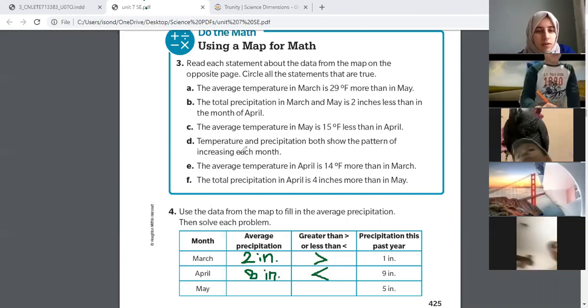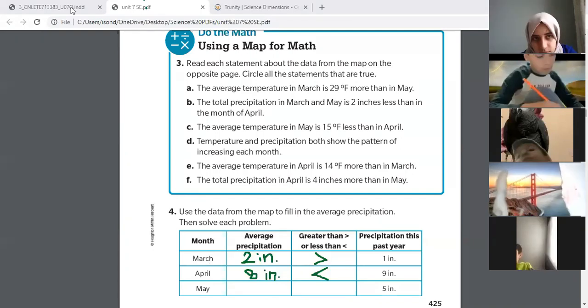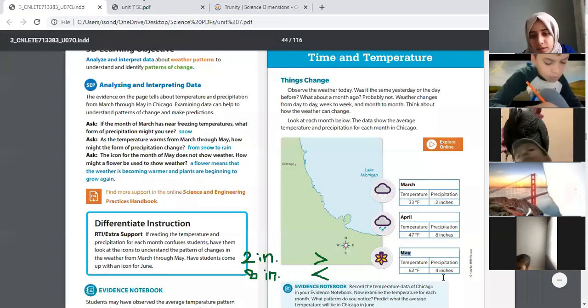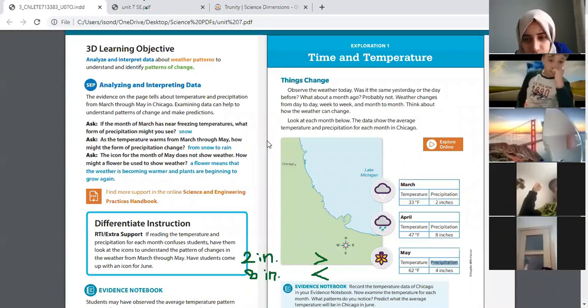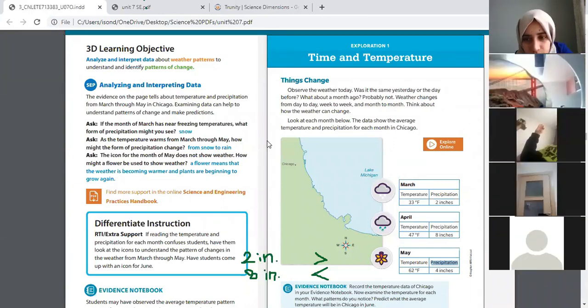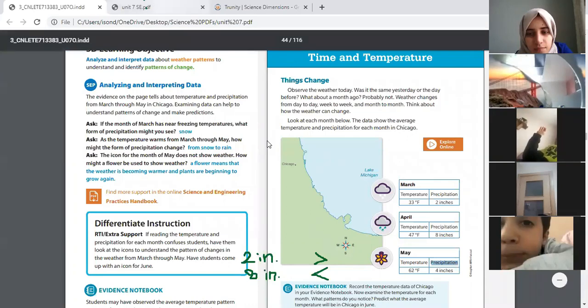Is your book ready, Fatima? What's the precipitation for May? Look at the table here. This is May in front of us, and this is precipitation. What's the amount of precipitation for the month of May? 4 inches. Good job. So I have 4 inches as the average.